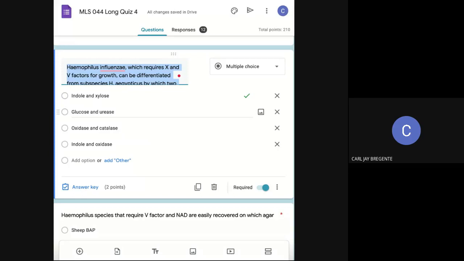H. influenzae, class, as well as H. aegyptius, are both glucose, urease, and oxidase positive, while H. influenzae is indole positive and xylose positive, while H. aegyptius is indole negative as well as xylose negative. Both are glucose and urease positive, oxidase and catalase positive. Indole positive is H. influenzae, indole negative is aegyptius.